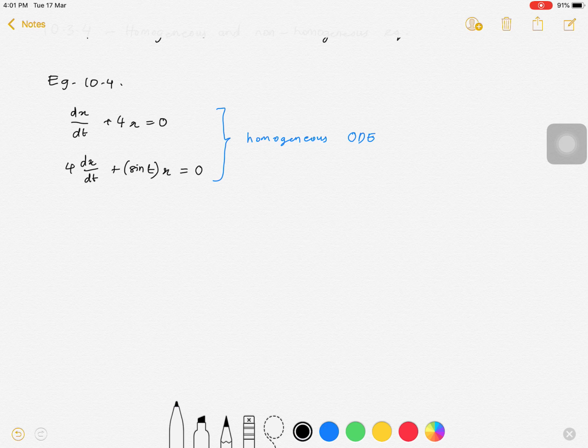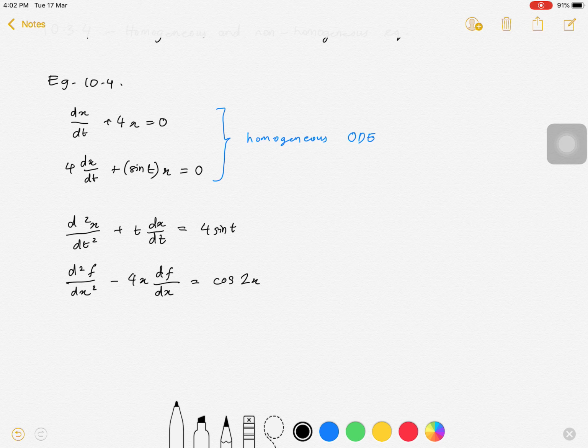For the next two equations I will show you the non-homogeneous: d2x/dt2 plus t dx/dt equal to 4 sin t, and, a different equation, d2f minus 4x df/dx equal to cos 2x.